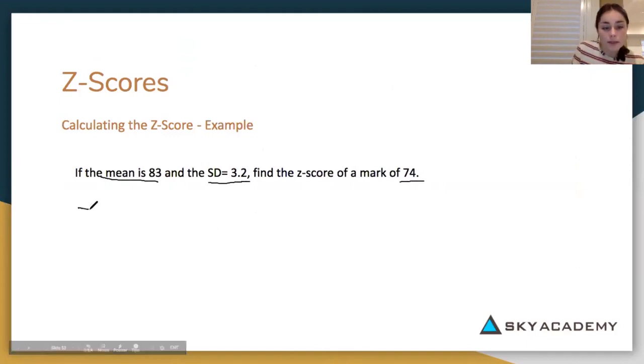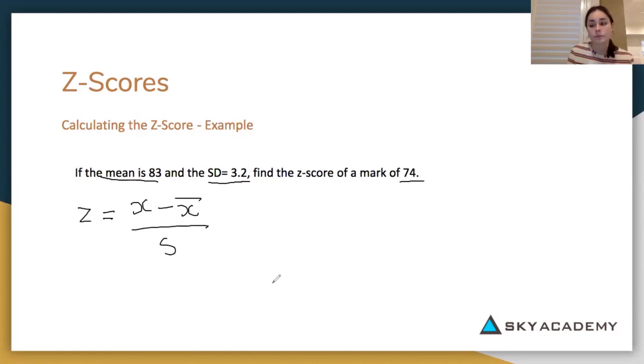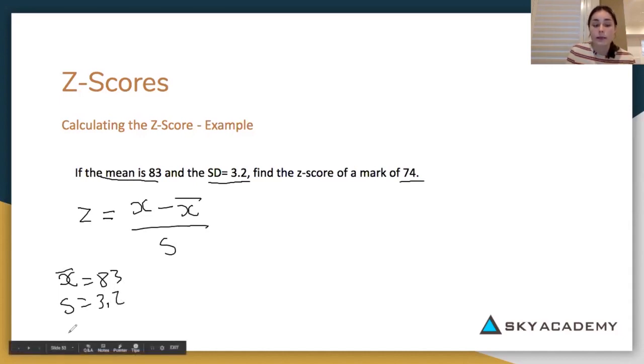Our formula is Z equals X minus the mean of X over our standard deviation. Now I'm going to sub what we know. We're trying to find Z, the Z-score. Our mean equals 83, our standard deviation equals 3.2, and the mark we've been given is 74.